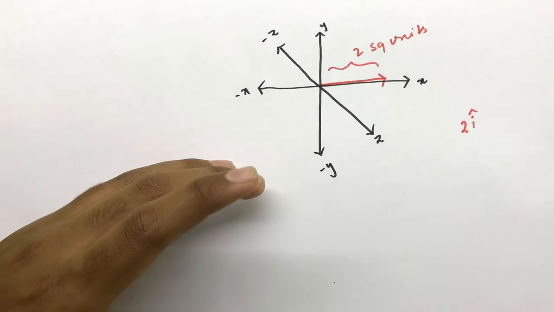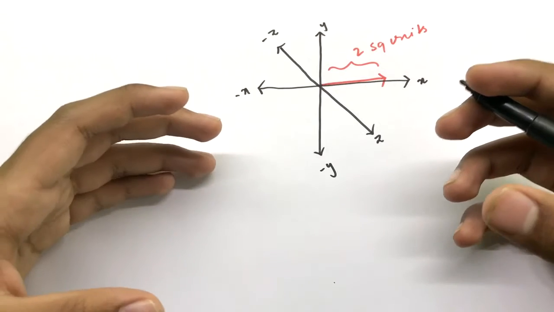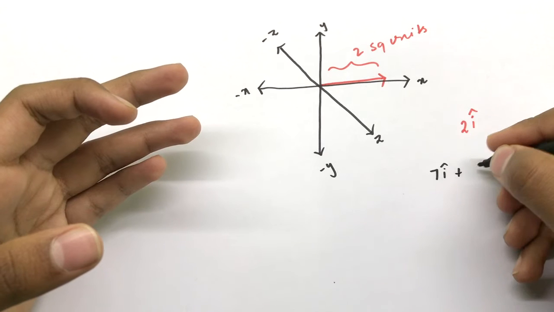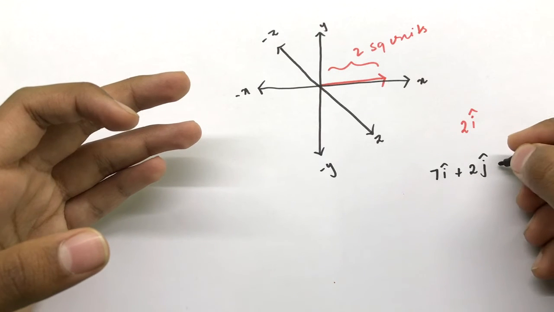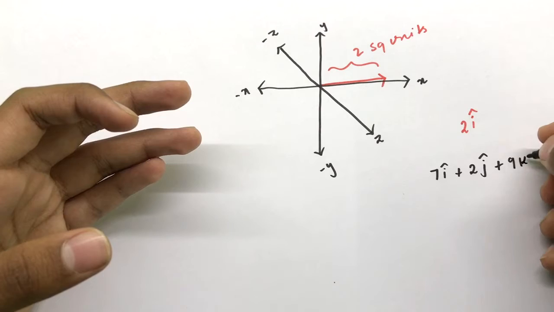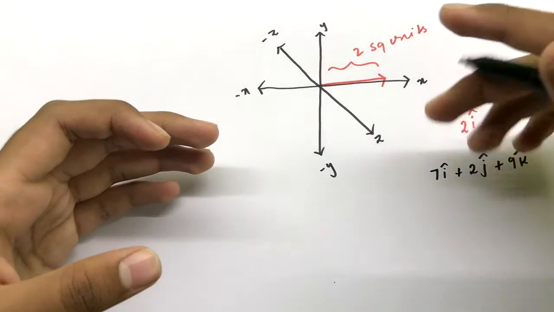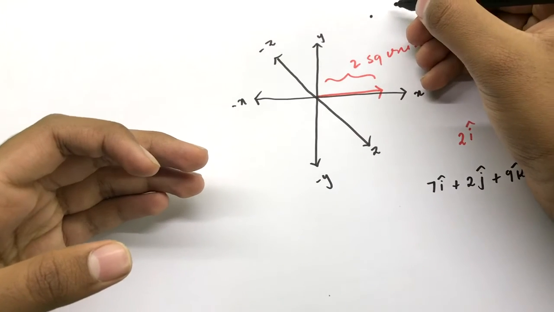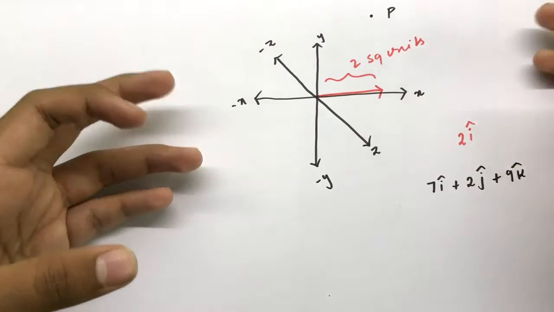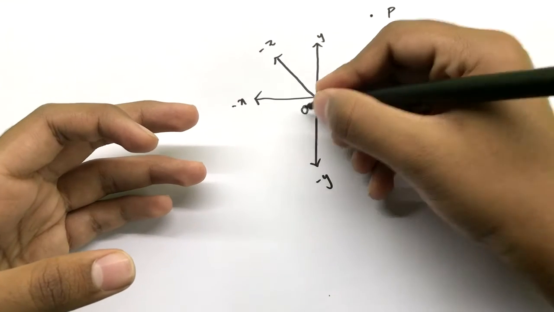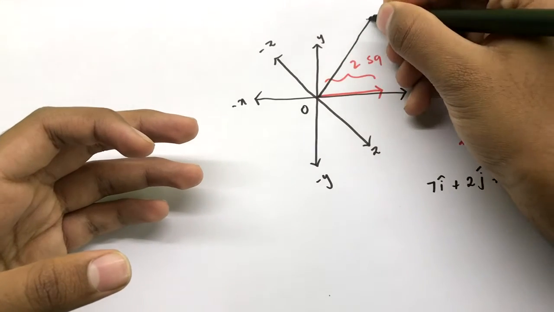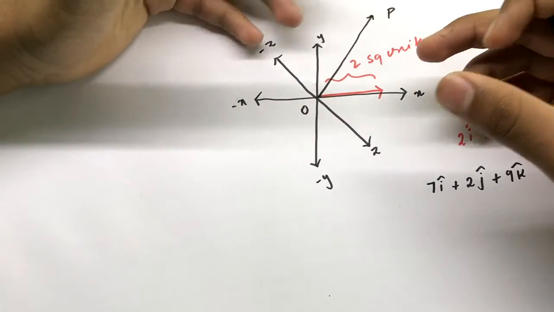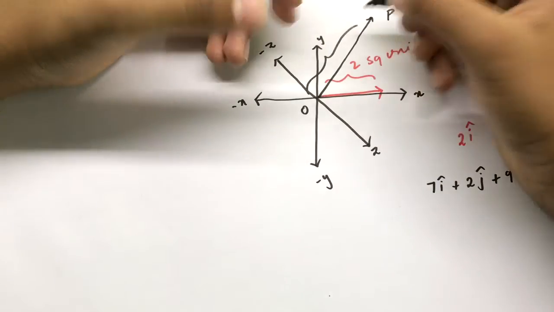Correct? But if I were to give you a little bit more complex vector, say for example 7 i cap plus 2 j cap plus 9 k cap, and let's assume this is somewhere over here at point P. Now if I were to join this with the origin, this becomes the vector OP, and now I'm asking you to find the magnitude or the length of vector OP.